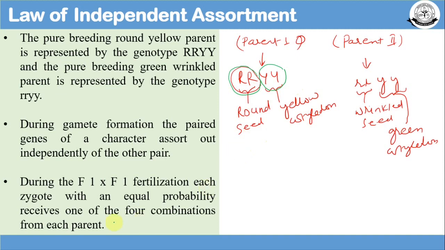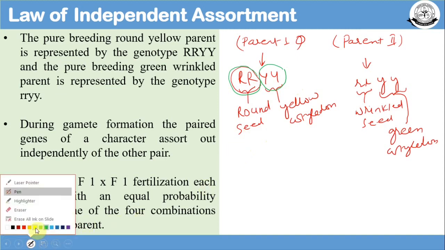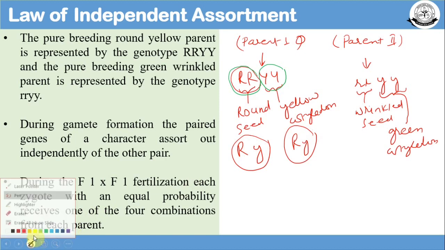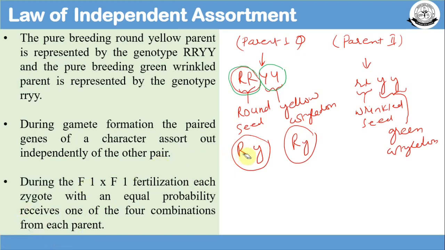So it will be like R and Y. Similarly, R and Y, right? So they assort independently from one another.